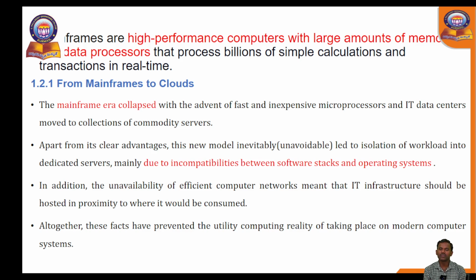Altogether, these facts prevented the utility computing reality from taking place on modern computer systems. So the mainframe era collapsed by the introduction of inexpensive microprocessors, and the IT data centers moved to a collection of commodity servers.